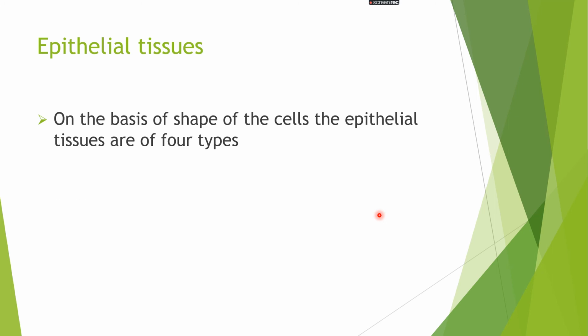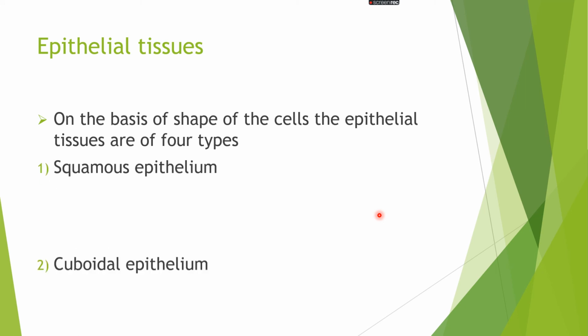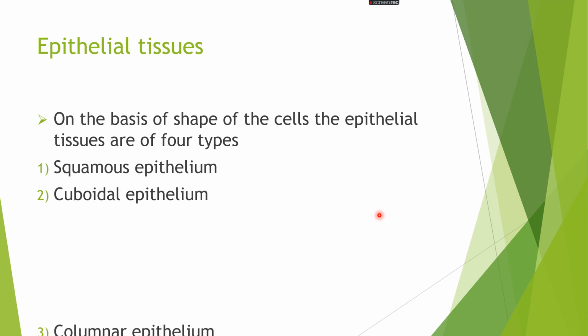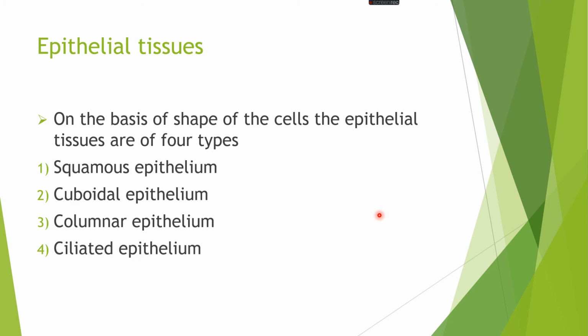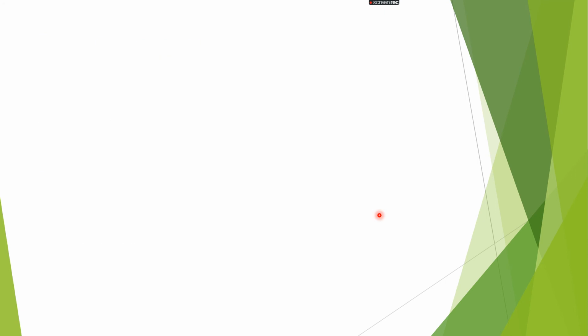So now based on these shapes, epithelial tissues can be classified into four types: squamous epithelium, cuboidal epithelium, columnar epithelium, and ciliated epithelium.